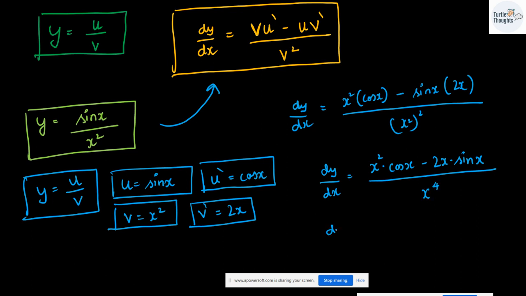Upon simplifying further, I will be getting dy by dx as x cos x minus 2 sine x divided by x raised to the power 3.